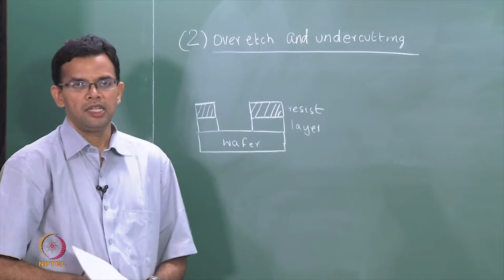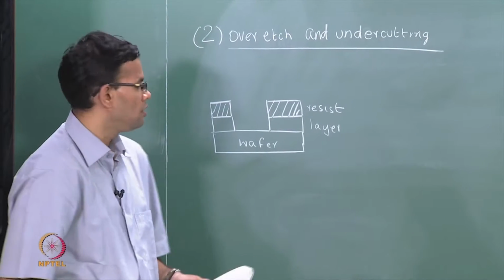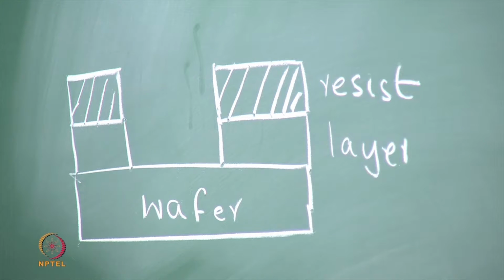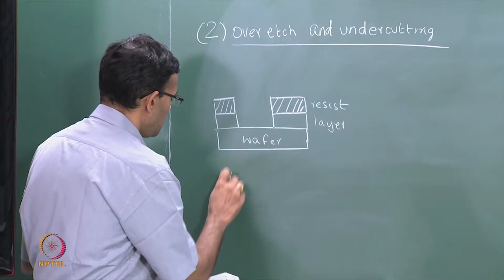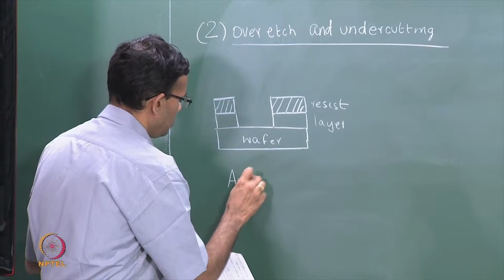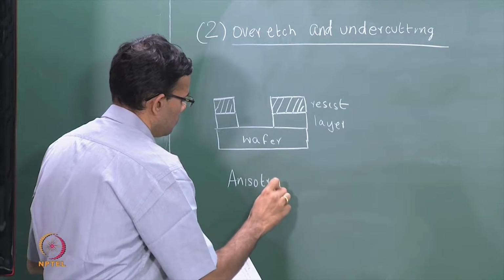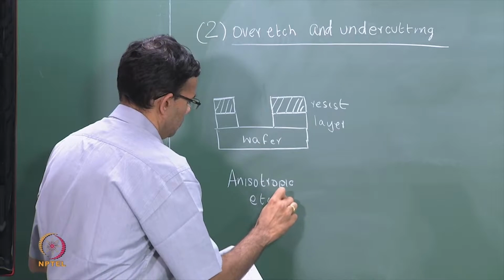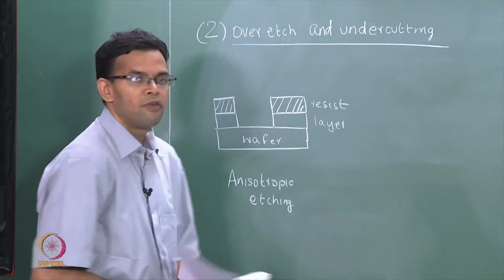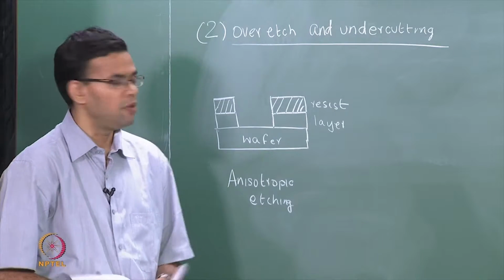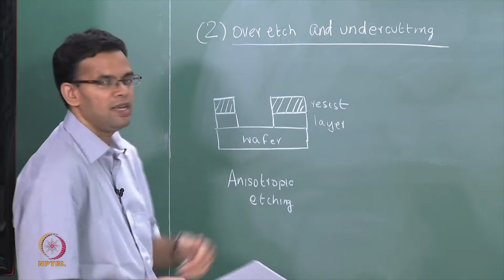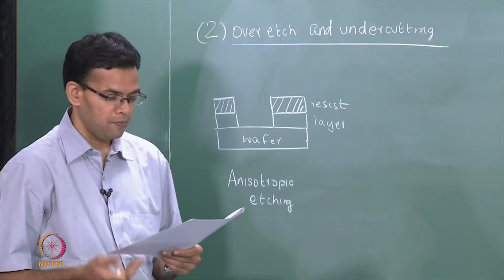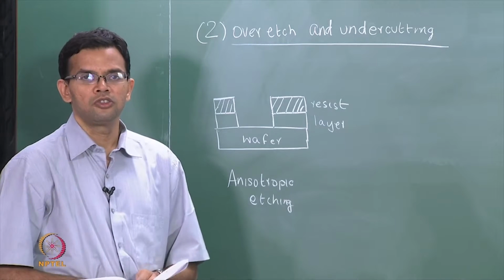An ideal etchant, if you think about it, should essentially give you these really straight side walls. In order to do this, your etching must be anisotropic. When we say anisotropic, we mean that etching should take place only in the vertical direction and there should be no lateral spread. Usually that is not true.